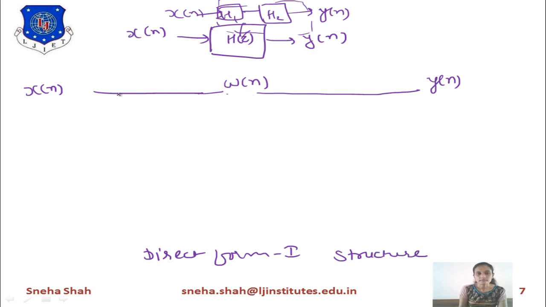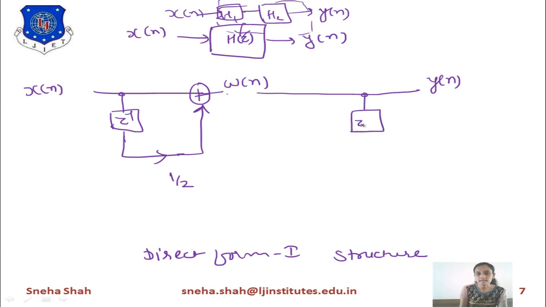Now from this, z inverse will get multiplied by 1 by 2, and this part will be added, giving you the output w of n. Now from this we take a delay unit, which multiplies by 3 by 4.